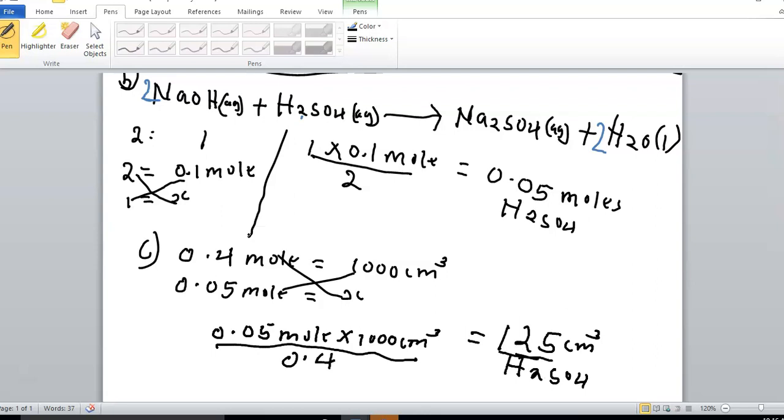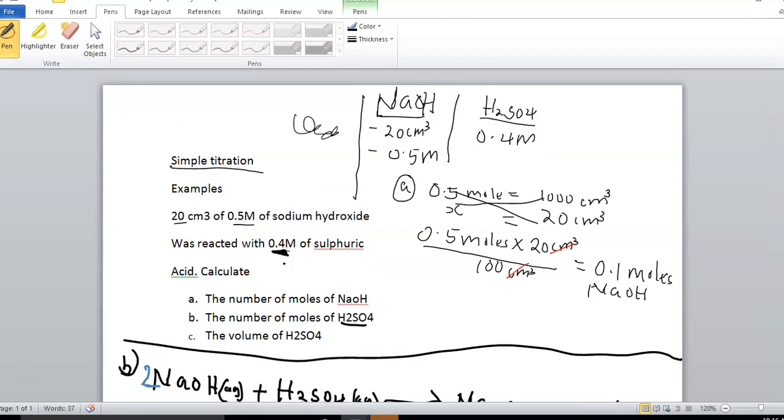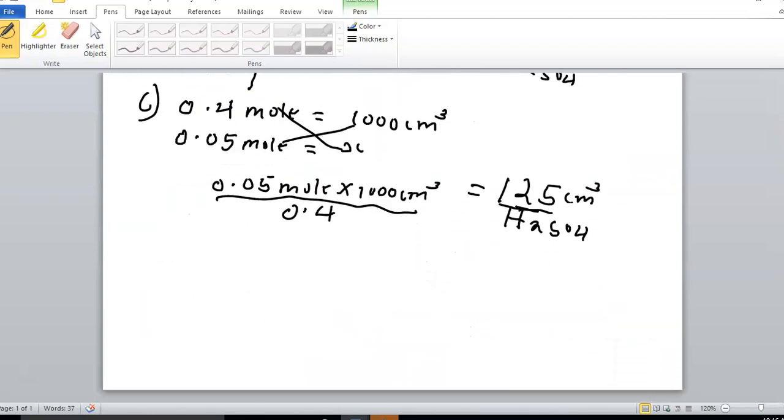So what have I done? If I summarize part C, in the acid we have the molarity of the acid, and they're asking for the volume of the acid used. How do you get it? You take the molarity 0.4 is equal to 1000. Why? Molarity for any given value in terms of volume is equal to 1000.